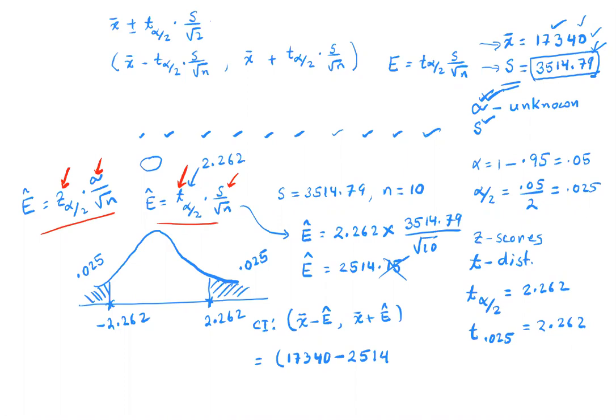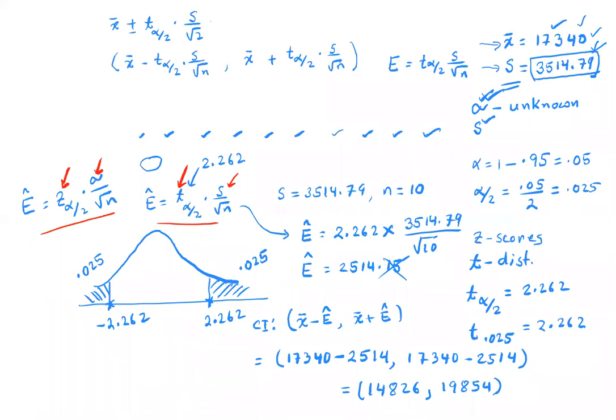But in the homework set and the exam, make sure that you include the 0.15, otherwise it may give you an error. 17,340 minus 2514 is 14,826, comma, 17,340 plus 2514 is 19,854, and that's what it is.